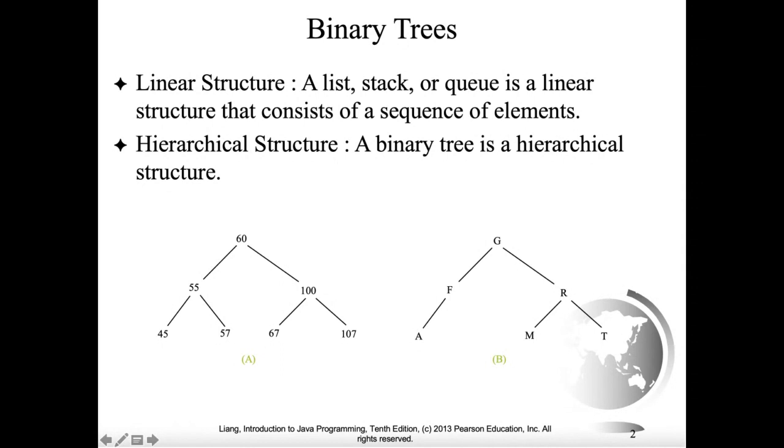We also call the tree a hierarchical data structure or a non-linear data structure. Inside it, again, like in any list, if you don't have anything, that means you don't have any nodes at all, so there's nothing in it.